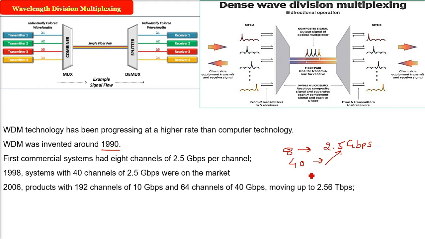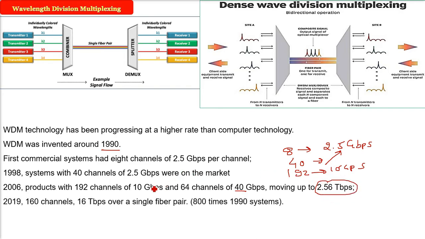In 2006, products with 192 channels of 10 Gbps and 64 channels of 40 Gbps gave speeds up to 2.56 terabit per second. Coming to 2019, 160 channels gave 16 terabit per second over a single fiber pair, which is 800 times the systems of 1990.